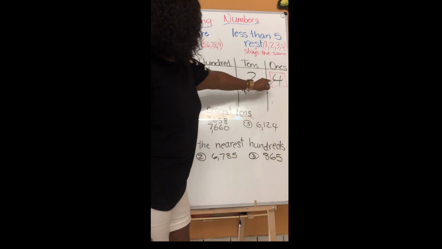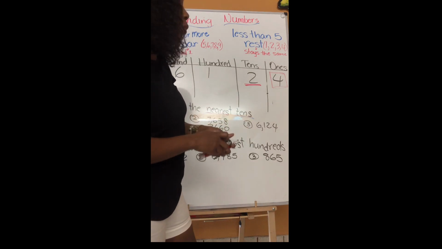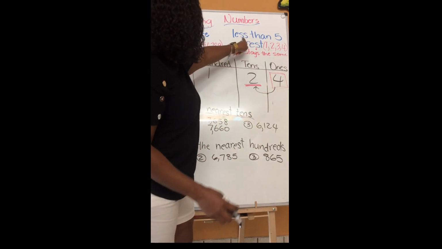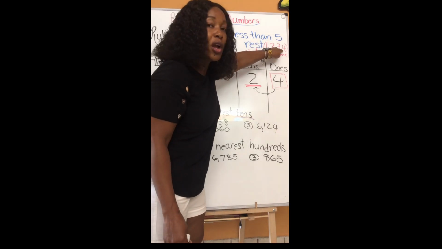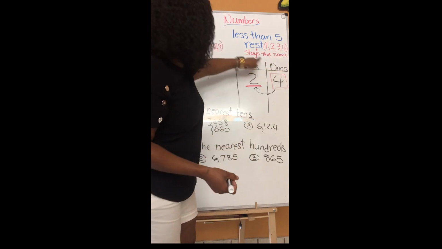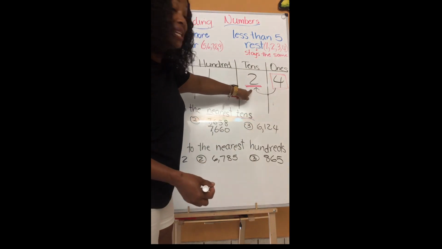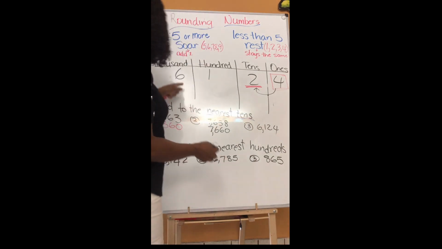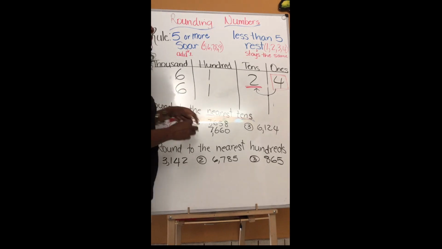All right, so here the boss is a 4. What does the boss tell this one to do when it's a 4? It says less than 5. So 1, 2, 3, 4. Once it's less than 5, it tells it to rest or to stay the same. So it means that this 2 is going to stay the same. So remember, everything to the left always stays the same.